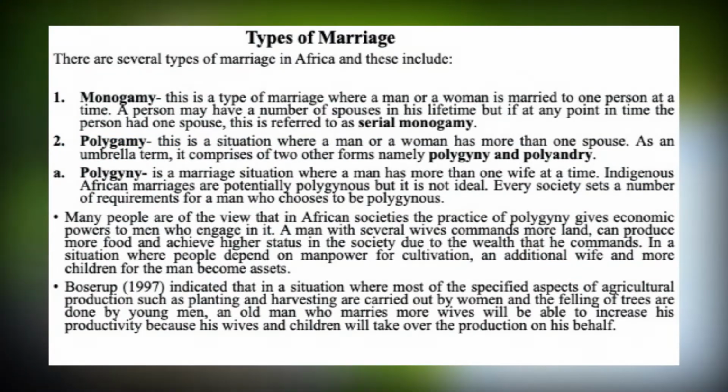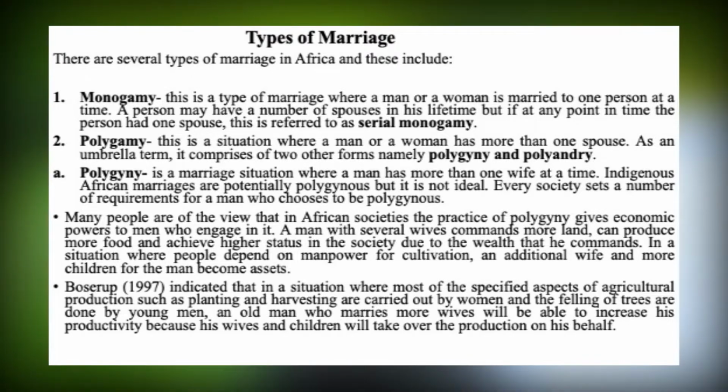But there are situations where a person may have had two or more spouses over time. In situations where a person has had more than one spouse, but married each of these spouses at a particular point in time, one after another, it is referred to as serial monogamy.